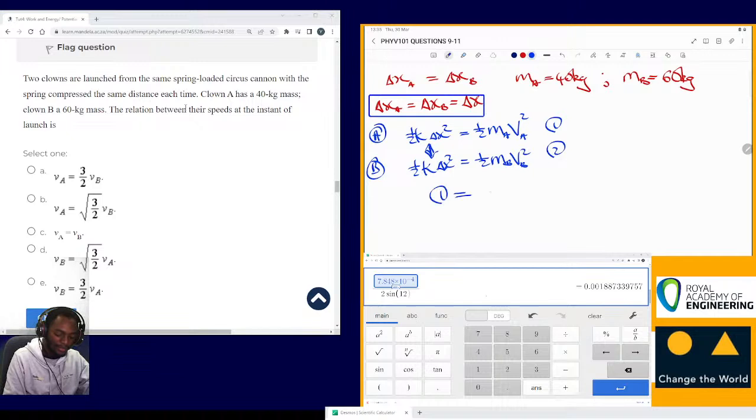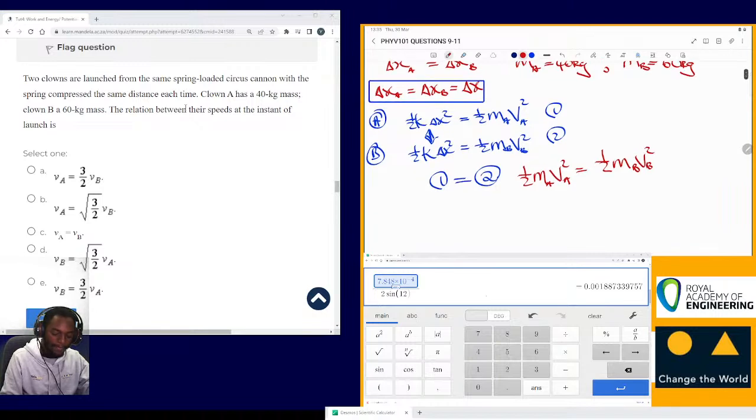So equation 1 is equal to equation 2. So that then becomes half mA vA squared being equated to half mB vB squared, right? We can cancel these terms, or multiply by 2 on both sides.